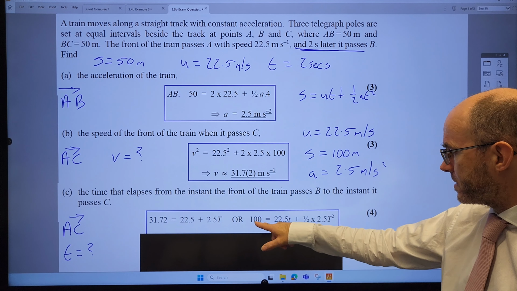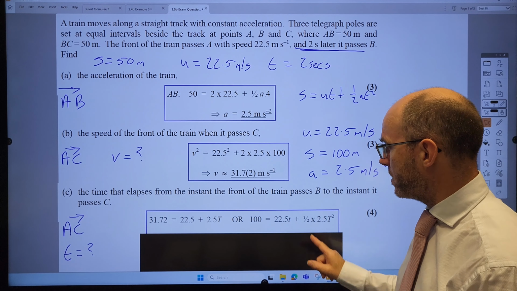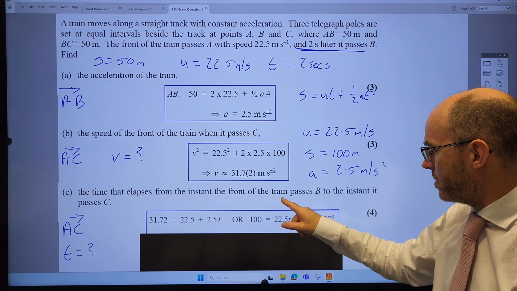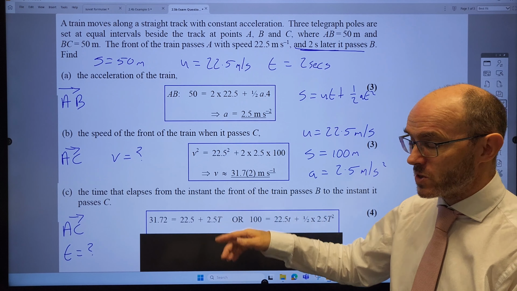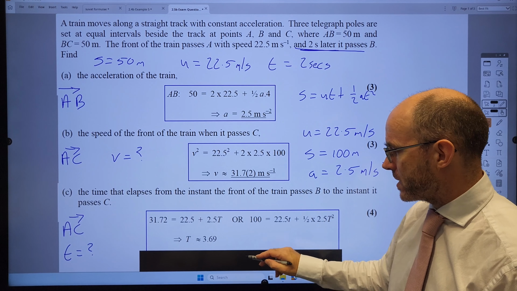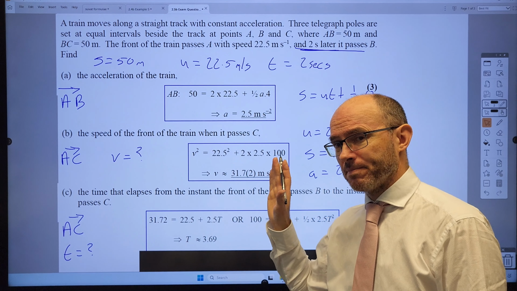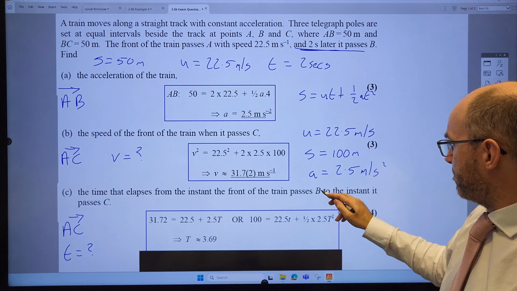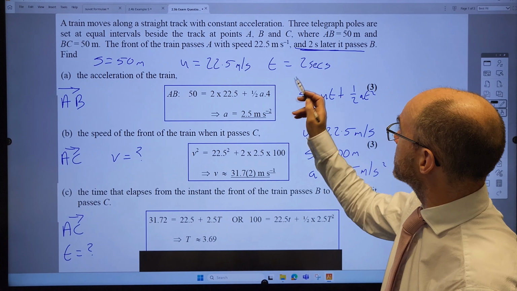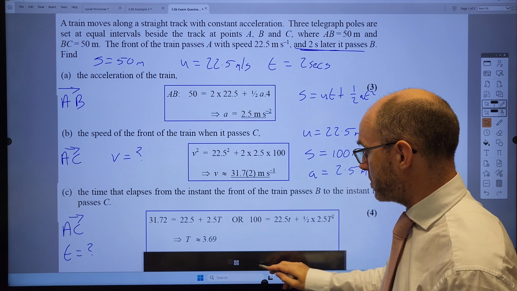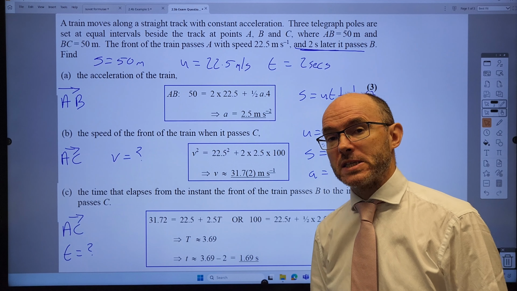Or you can use s equals ut plus half at squared, where s we know, u again we know. Whichever one you use, you'll end up with the same value of t, 3.69. But don't forget that's from A through to C. To get from B to C, you've got to subtract the initial 2 seconds, so you get 1.69 as your final answer.